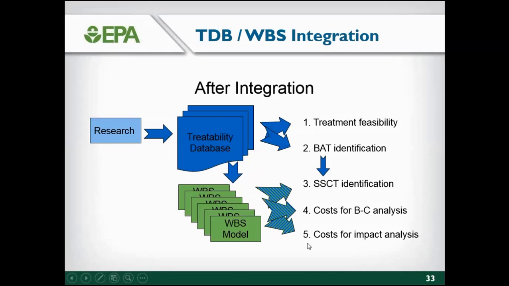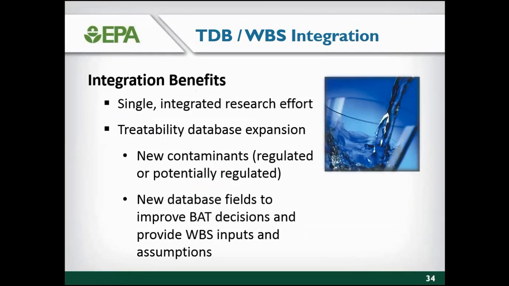So we believe that this will be a much more transparent way for people to understand what EPA is doing in terms of regulation. Also, I think it will make it much easier for a utility or a university who wants to do a design project to be able to use both tools and learn something about their system or a certain design.